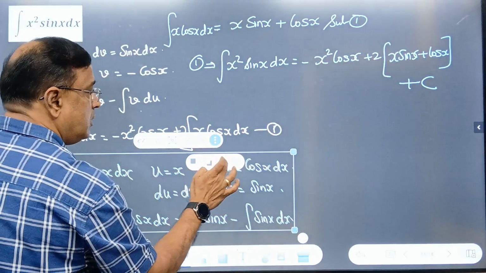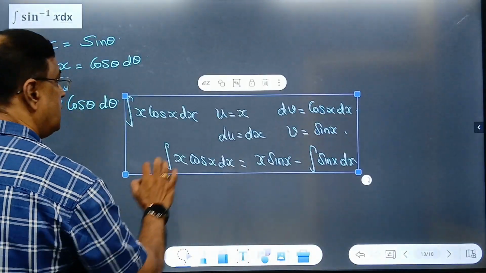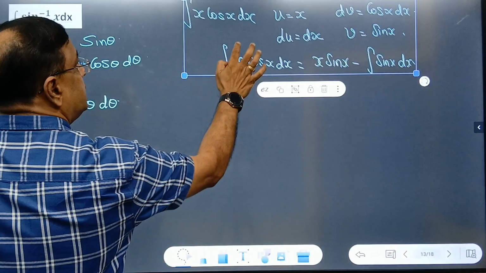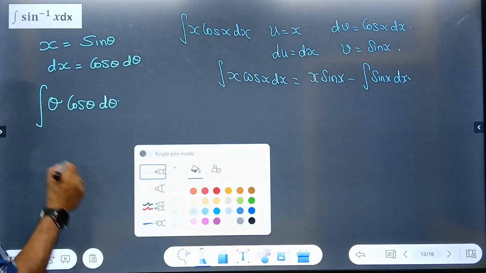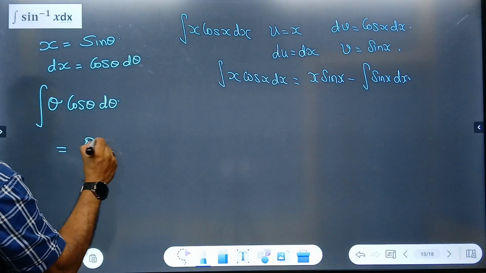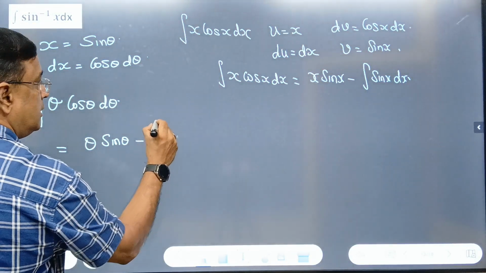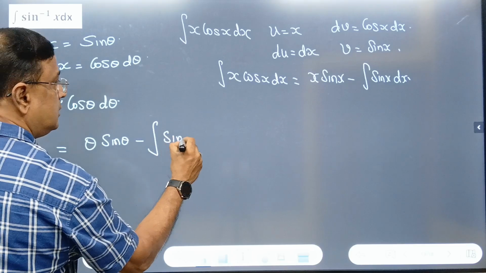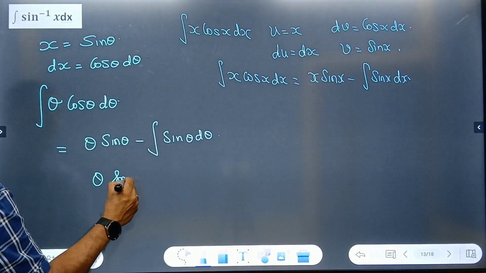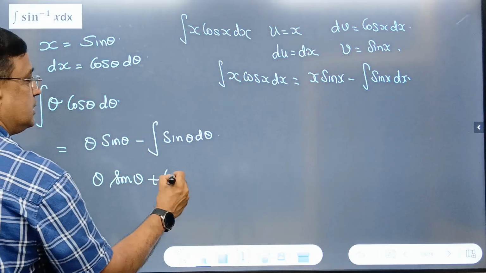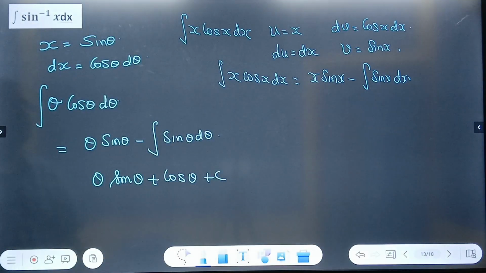It was in terms of x, but I want it in terms of theta. So it will be theta sine theta minus integral sine theta d theta, which is obviously theta sine theta plus cos theta. I think it's fairly simple.